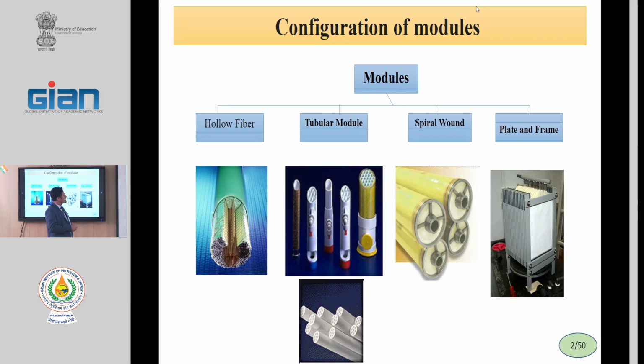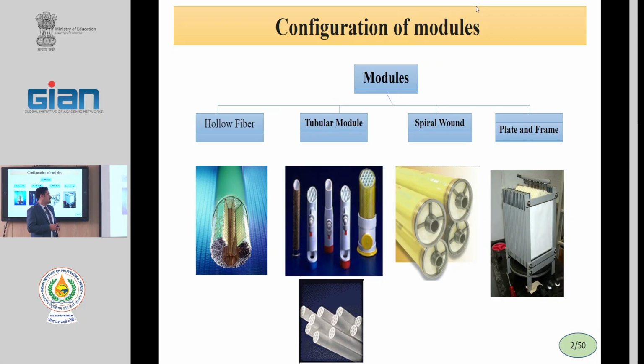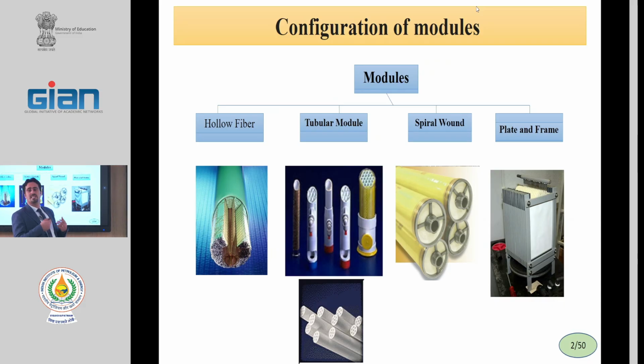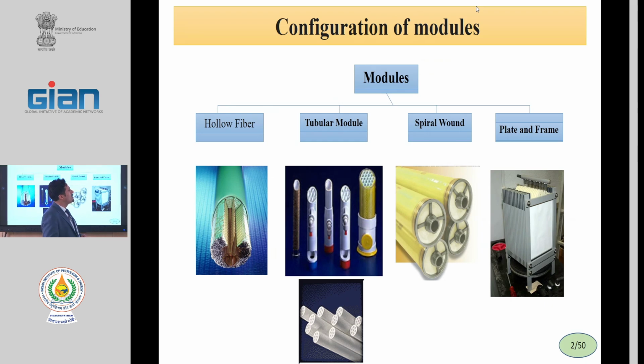Hollow fibers are similar to the tubular membrane, but the diameter of these tubes is very small, and by reducing the tubular diameter, we increase the surface area of the membranes in a specific volume.